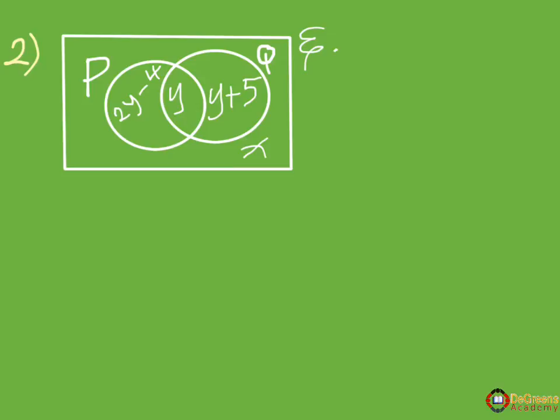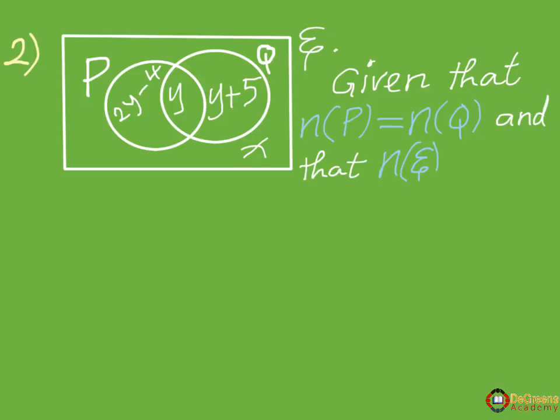So we have the universal set with two subsets P and Q, and the entries are in terms of Y and X. So the diagram represents the relationship among the set P, Q, universal set, and the cardinal number of P is equal to the cardinal number of Q, and the cardinal number of the universal set is equal to 50.